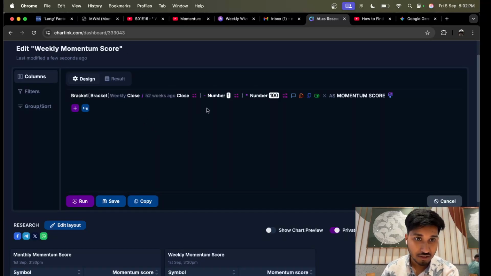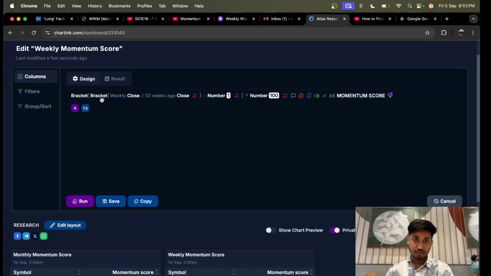You can see here, this is the formula for rate of change. The formula is the price today divided by the price a specific duration ago, minus one, and you convert that into a percentage by multiplying by 100. Let's say we want to calculate the price change over a duration of 12 months or 52 weeks.